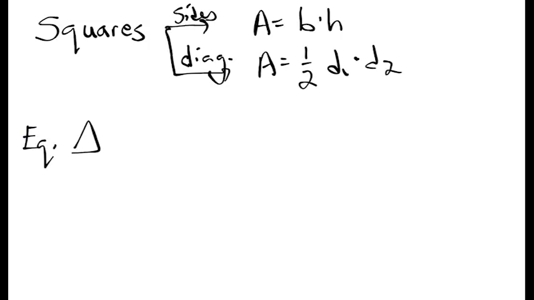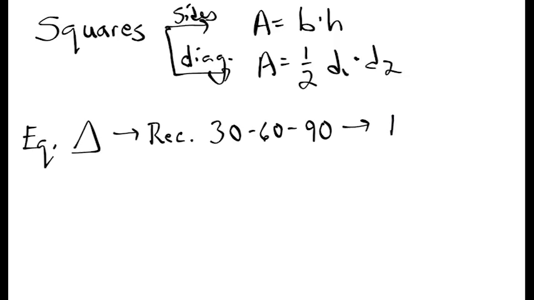For our equilateral triangles, we need to recognize our 30, 60, 90s and then use our area equals 1/2 base times height formula.